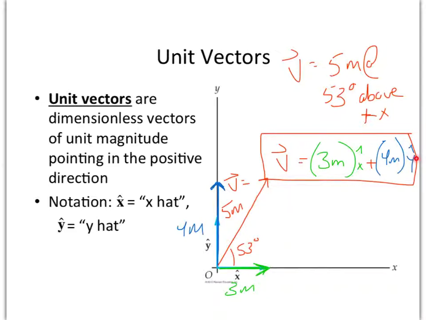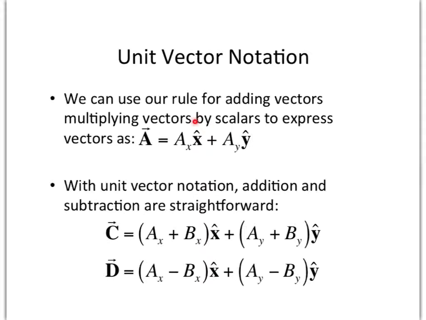So this actually allows us to add vectors together a little bit more easily. It's whatever value x hat, and whatever value y hat. What if we wanted to add them together? Let's make this vector v from the previous page, so that would be 3 meters x hat and 4 meters y hat.